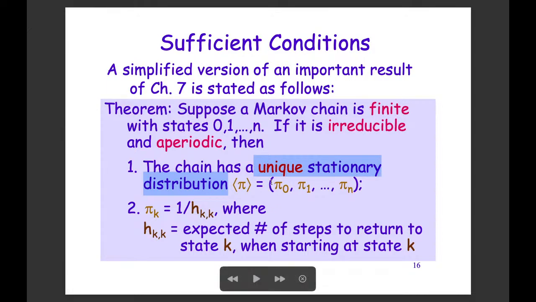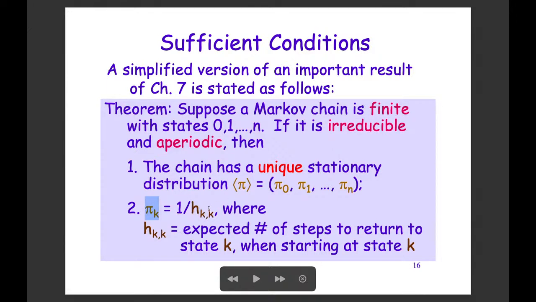Now suppose that we use pi 0 to represent the stationary probability at state 0, pi 1, the stationary probability at state 1, and so on and so forth. Then we also have another interpretation of this value of pi. So pi k, the probability, is also equal to the so-called inverse hitting time, 1 over hkk.